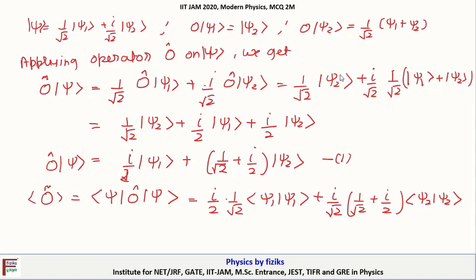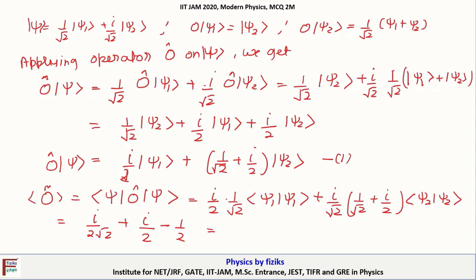So here we would have i by 2 root 2 plus i by 2 minus 1 by 2.